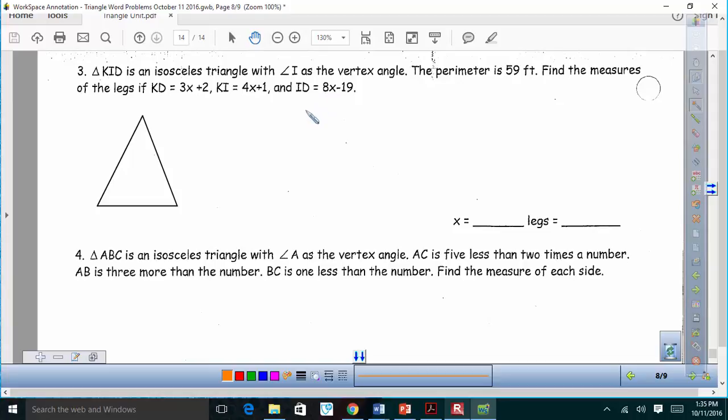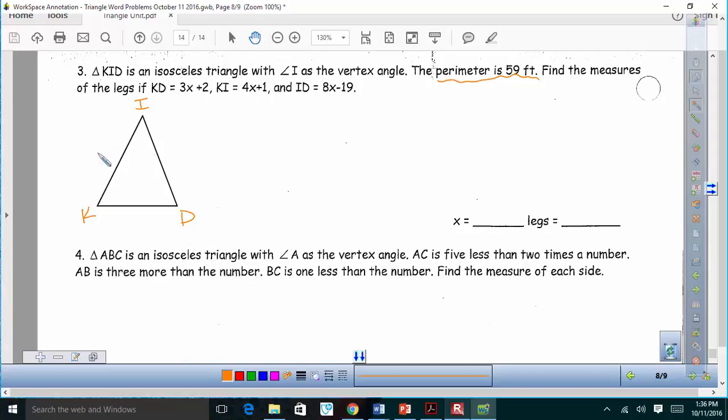So where's the vertex? At the top. So this is going to be I. It tells me the perimeter of the whole thing is 59. And then it tells me to find the measure of the legs if KD. So I need to go ahead and label K and D. Does it matter if I swapped this K and this D? No, it doesn't matter which one.